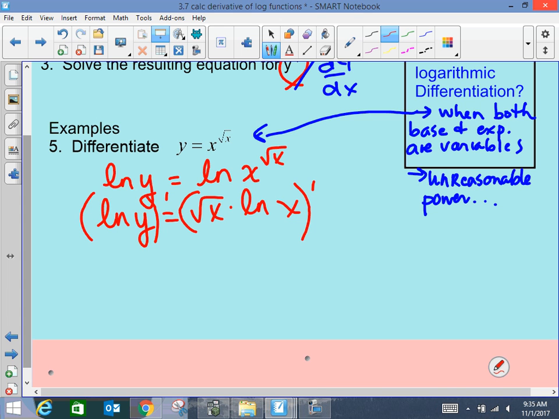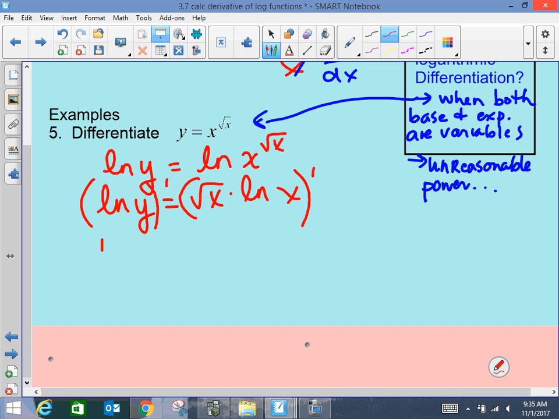Okay. What's the derivative of ln y? 1 over y, what's the rest of it? dy/dx. Okay? dy/dx doesn't have to go with the y, it just has to be multiplied by. Okay, what are we going to do for that? All right, product rule.